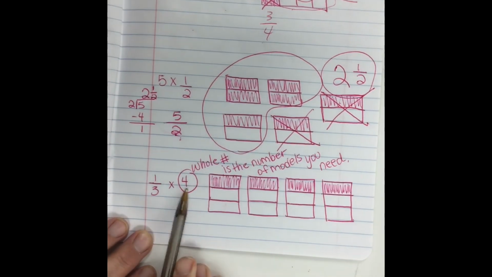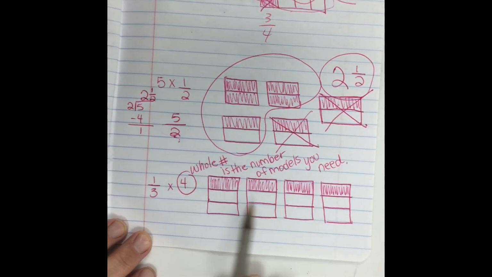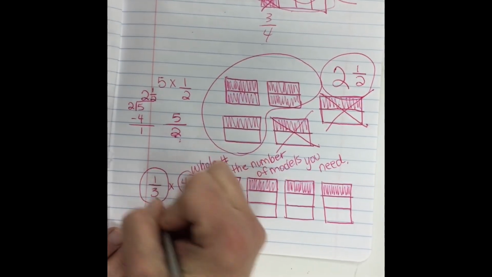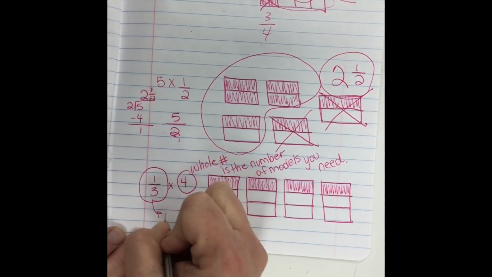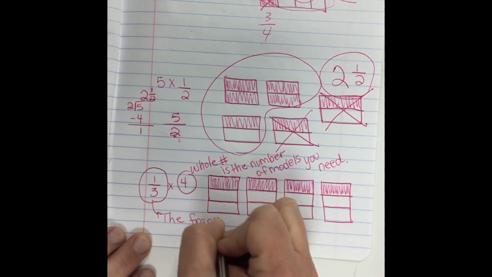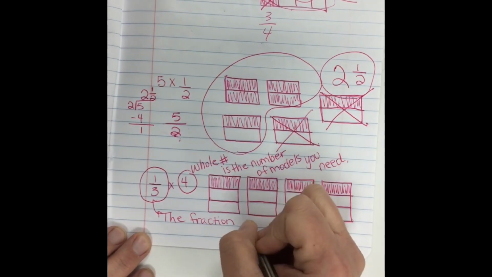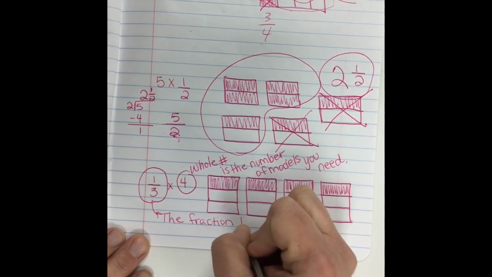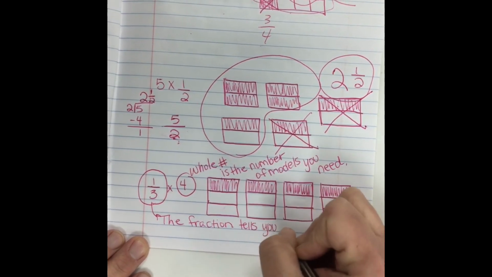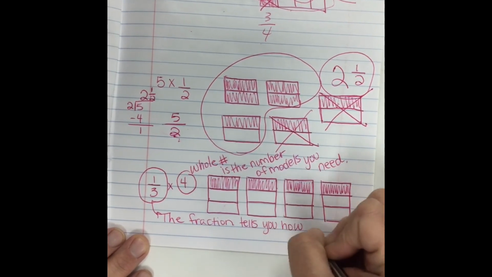Okay, the whole number is the number of models you need. 1, 2, 3, 4. Okay, the fraction tells you how many pieces.